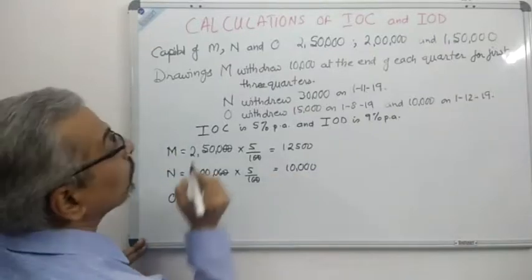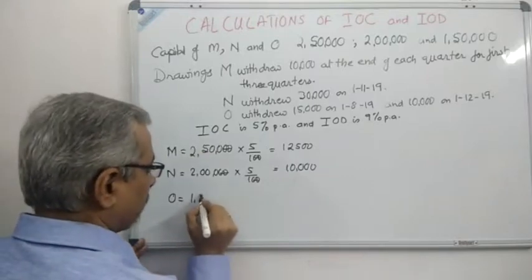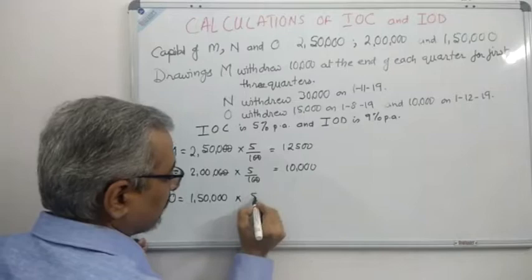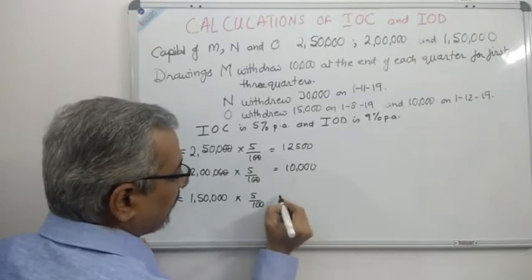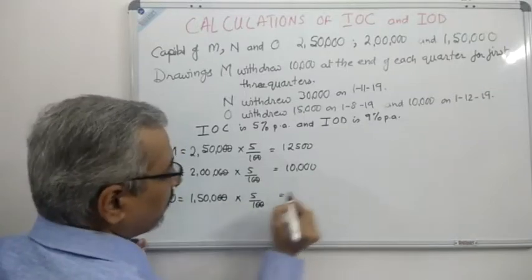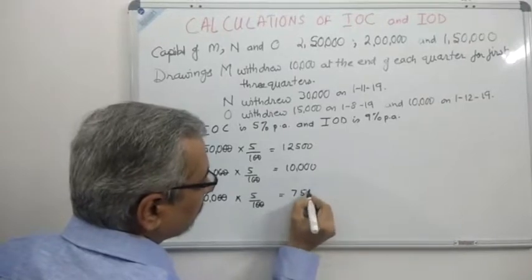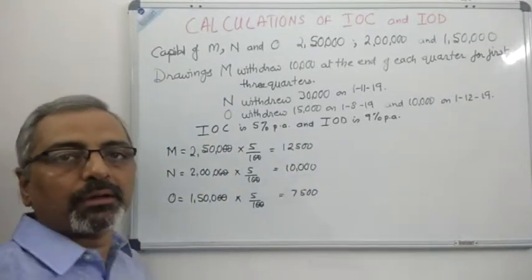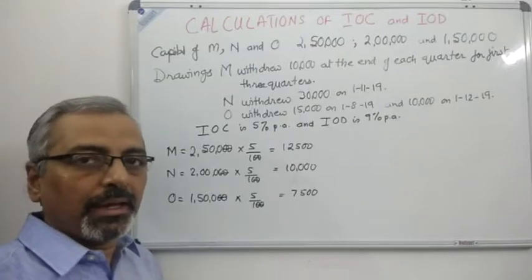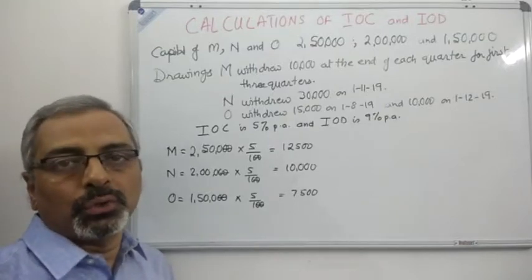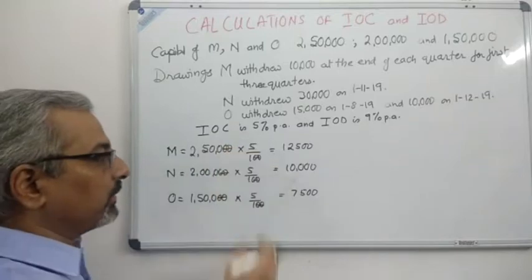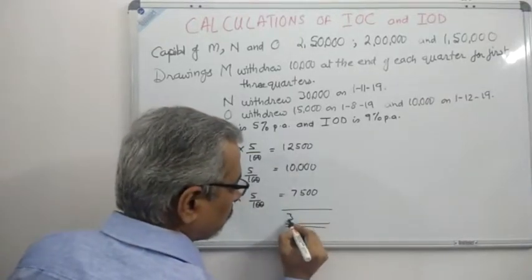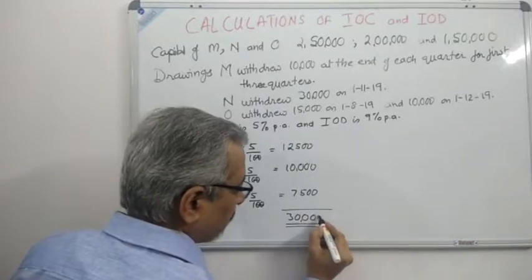And O has 1,50,000 as the capital, and 5% of that would be 7,500. So this is the total interest on capital of the three partners M, N and O. Therefore, if you add this, the total comes to 30,000.